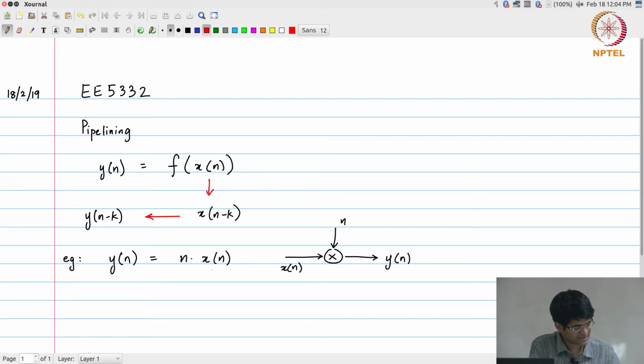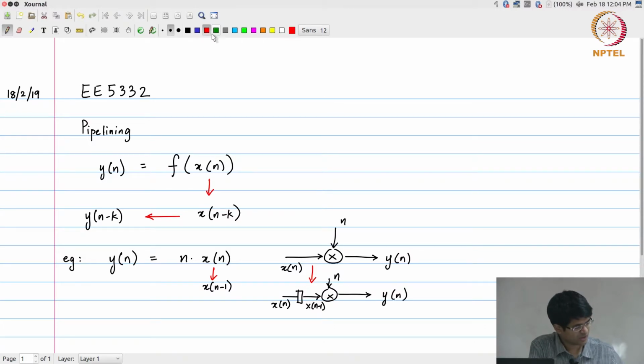Now if I replace x of n by x of n minus 1, what I am effectively saying is that this input to the multiplier is going to be replaced by a delayed version. I have x of n, and over here I have x of n minus 1, but the other input remains the same, it is n, that does not change to n minus 1, because I have inserted a delay only on the branch involving x of n.